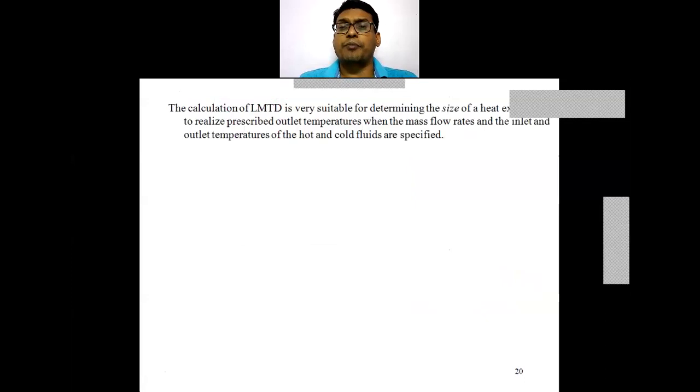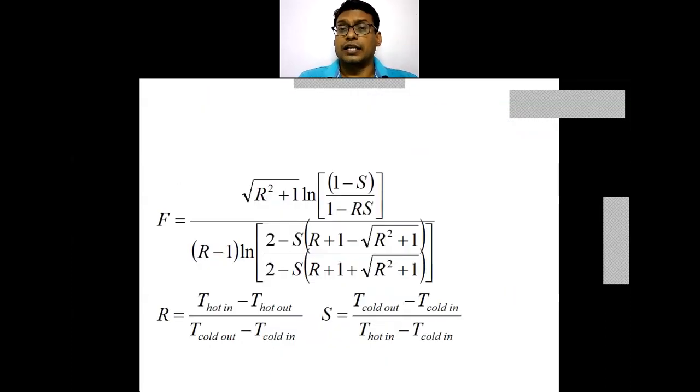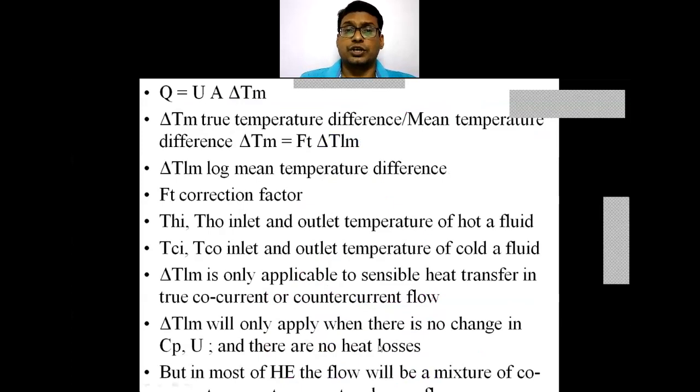Now, this calculation of the log mean temperature difference is very suitable for determining the size of a heat exchanger. That means in the design procedure of a heat exchanger, you require the calculation of this log mean temperature difference, and that is of most importance.